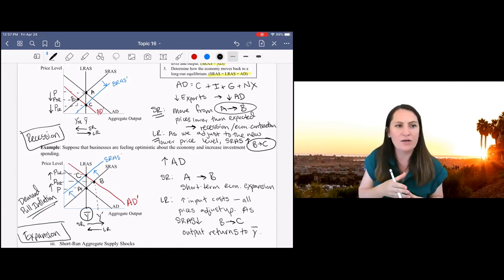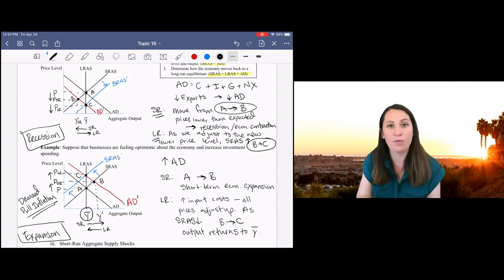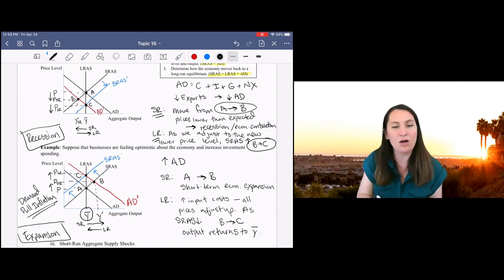But the good news is that as we address the public health concerns and people are able to go back to work eventually, then our long run aggregate supply curve should bounce back pretty quickly. The thing that we'll be most worried about in the recovery period is the recovery of aggregate demand.